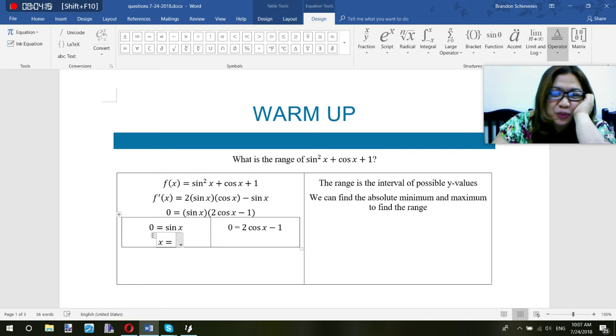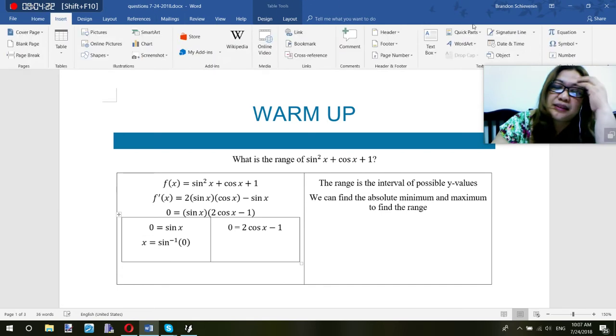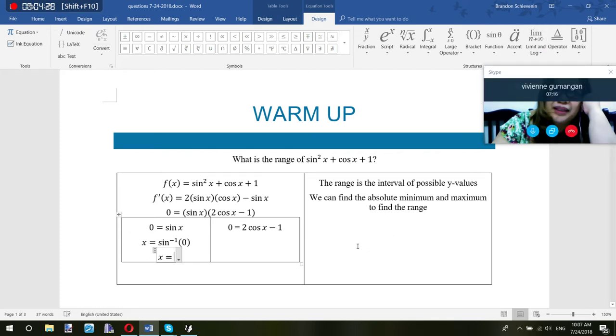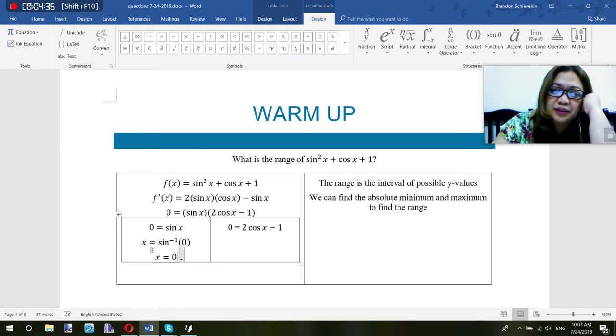Sine to the negative 1, the inverse sine of 0. Where is the sine equal to 0? It's at 2 pi or at 0 as well. Okay, the sine is equal to 0 at 0, or where else? 2 pi.